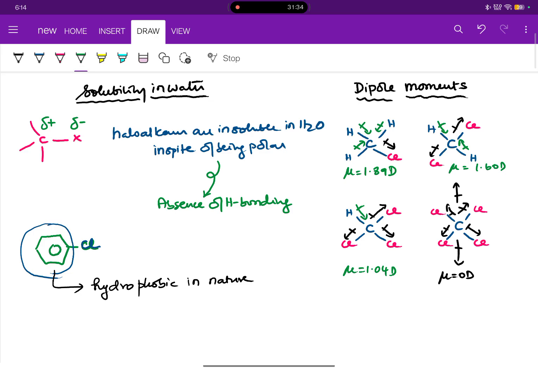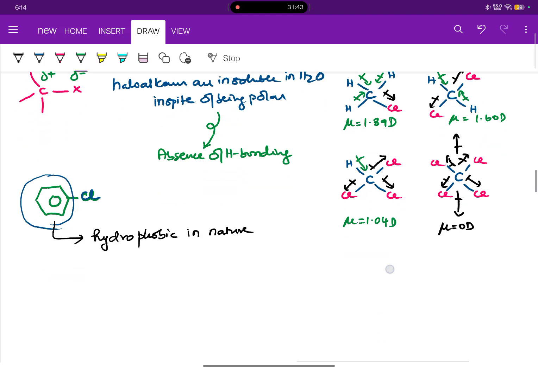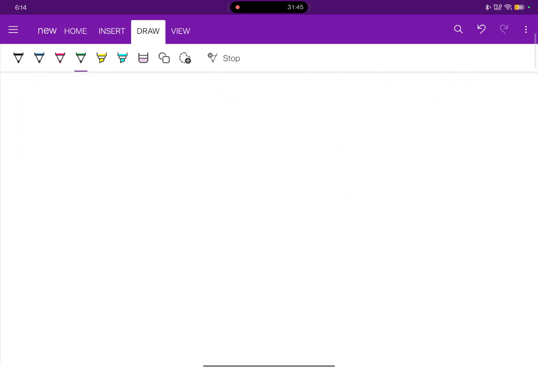So we have seen the melting and boiling point, we have seen the solubility in water, we have seen the dipole moment. Now we have to look at the next aspect, that is halobenzenes, especially the dihalobenzenes.